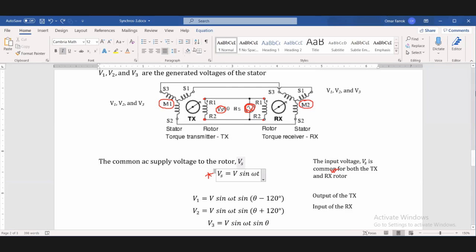It means that the voltage is VS, V sin omega t. This is V sin omega t actually.